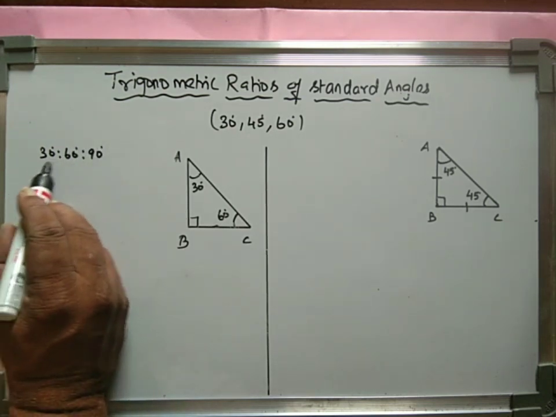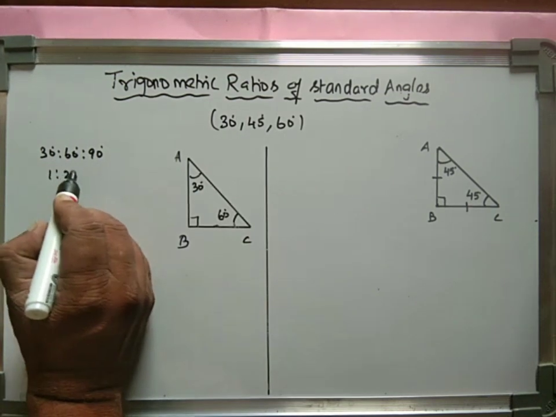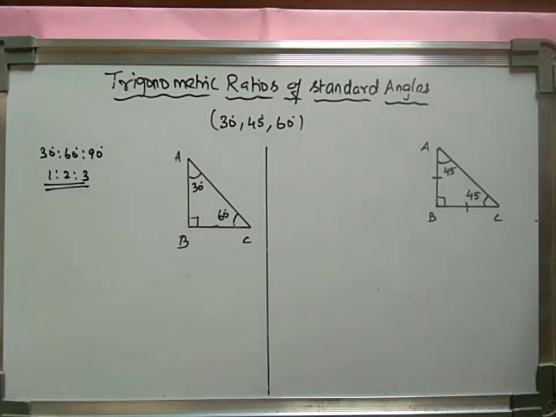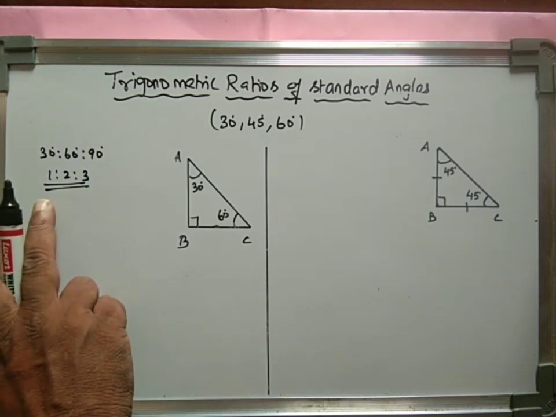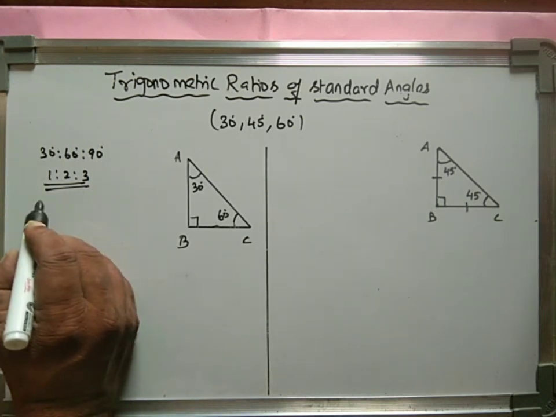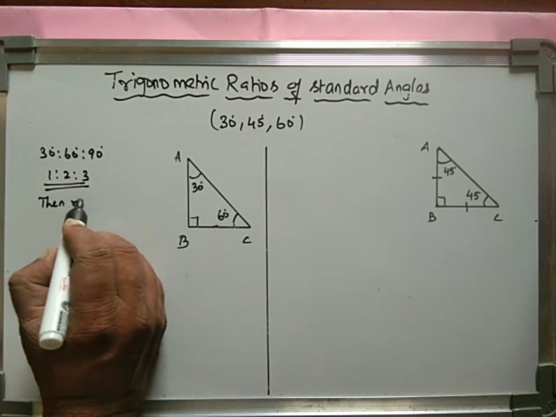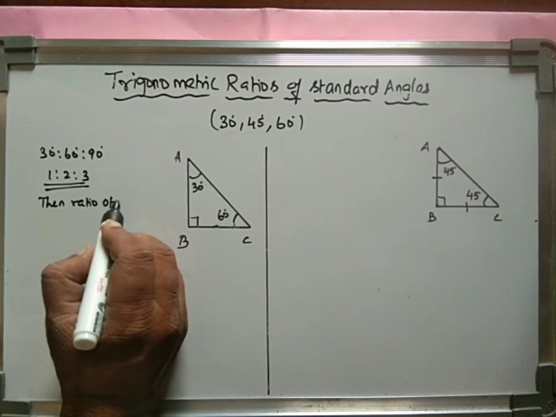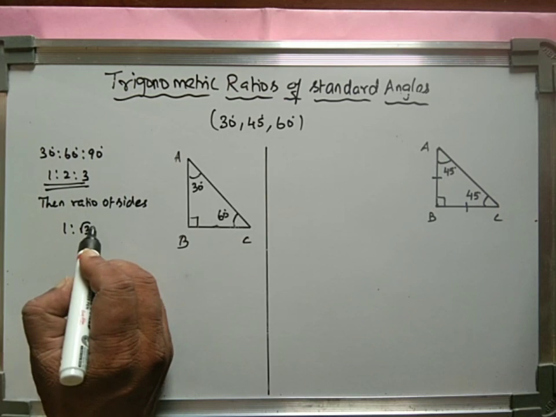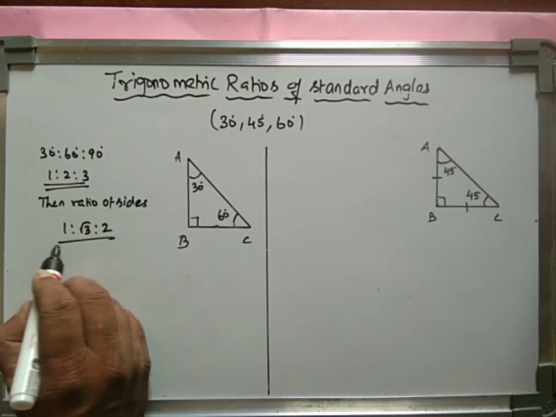All this is divisible by 30. So we get the ratio as 1 is to 2 is to 3. We have a concept that if the angles of a triangle are in the ratio 1 is to 2 is to 3, then the ratio of sides will be 1 is to root 3 is to 2.